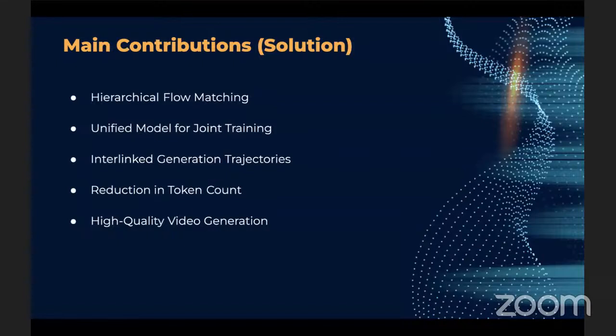Reduction in token count. This significantly reduces the computational burden, especially for long duration video generation, leading to faster training times and reduced resource consumption. High quality video generation, delivering visually impressive results with smooth motion, rich details, and adherence to textual prompts.